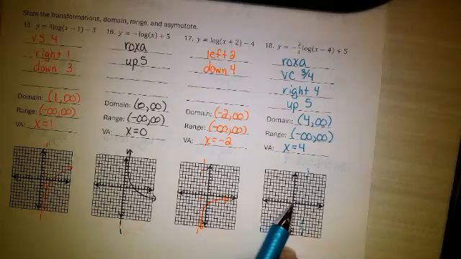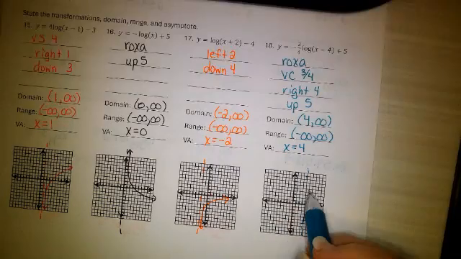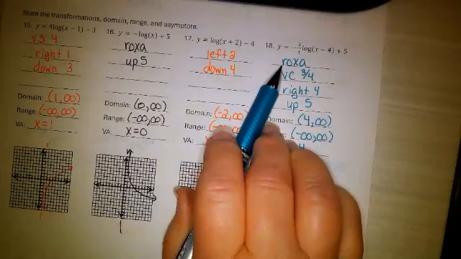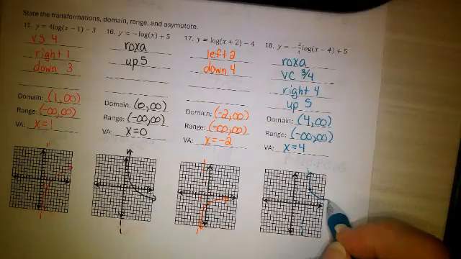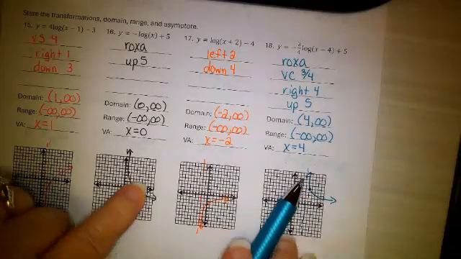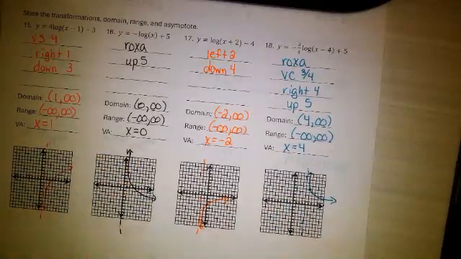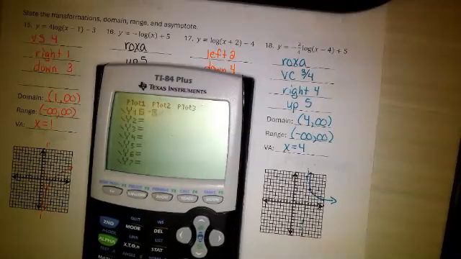Now, if you start with this point 1, 0, you move it to the right 4, and then you go up 5. 1, 2, 3, 4, 5. It's right here. A reflection over the x-axis means now it's going this way. See my two reflections? How they switched a little bit from that. And again, if that is weird, we're going to the calculator.